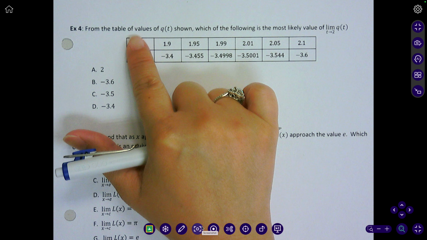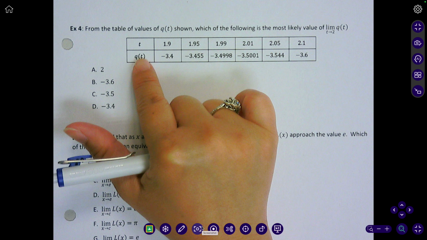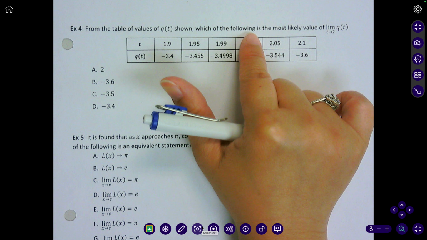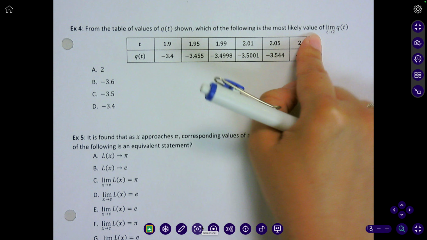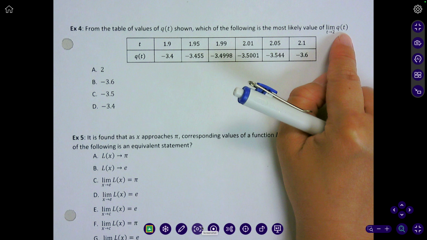From the table of values of Q of t, Q of t is that y value that you have. Which of the following is the most likely value of the limit as t approaches 2 of Q of t?